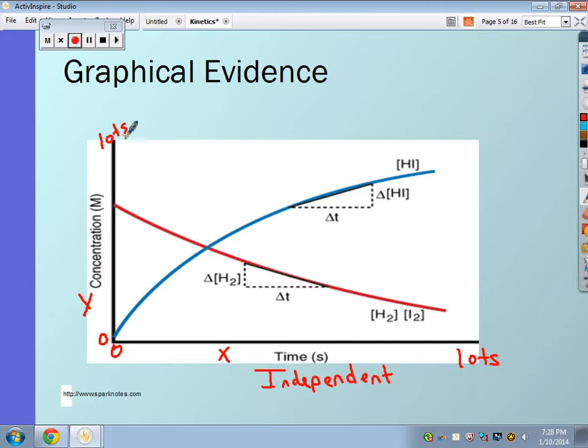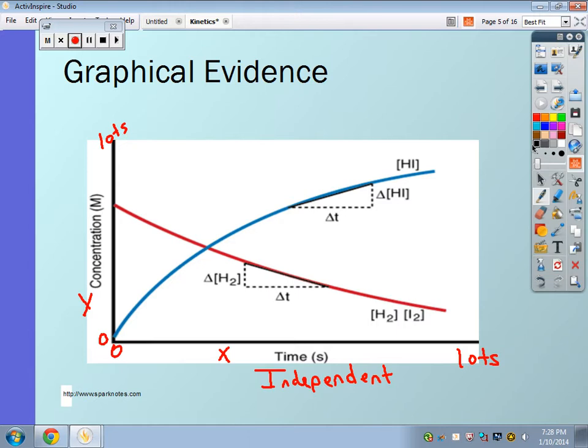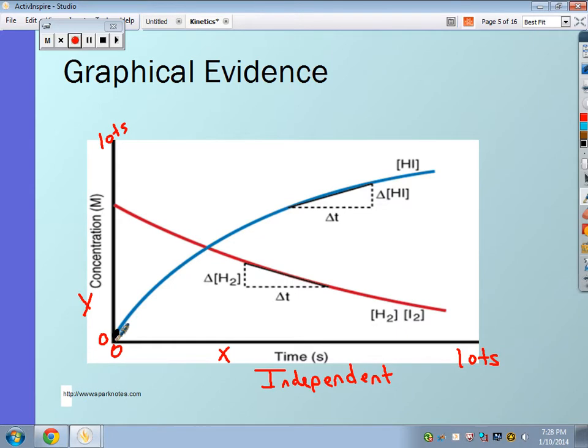How do you know which one of these is a reactant and which one's a product? Well, at time 0, on this blue line right here, you have basically nothing. And on this red line, you have some. So that means that your reactants are H2 and I2, hydrogen and iodine.